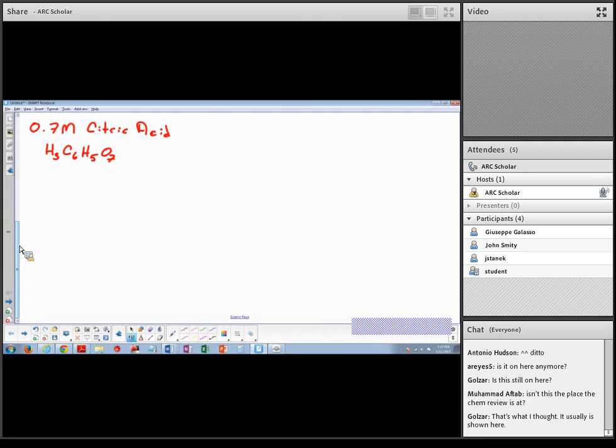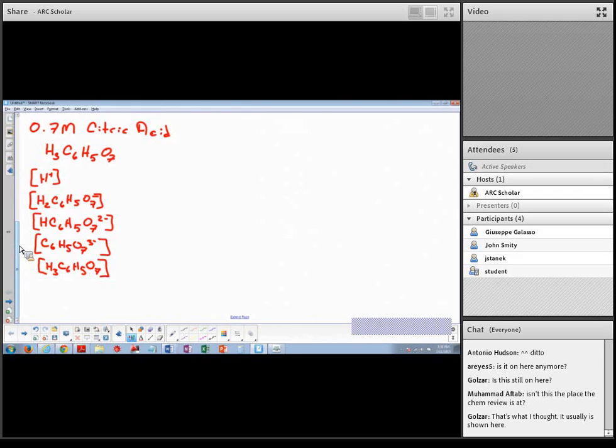So we're going to be finding H+, H2C6H5O7 minus, HC6H5O7 2 minus, C6H5O7 3 minus, and H3C6H5O7, no charge.